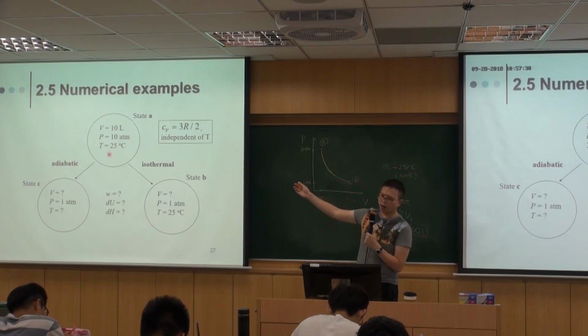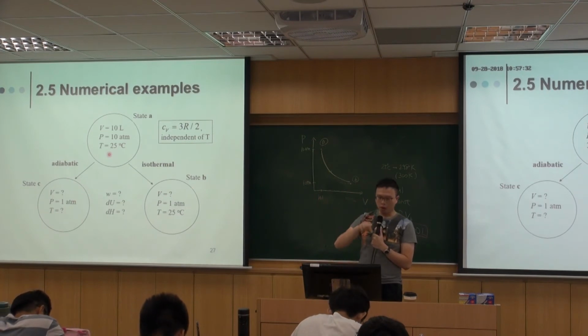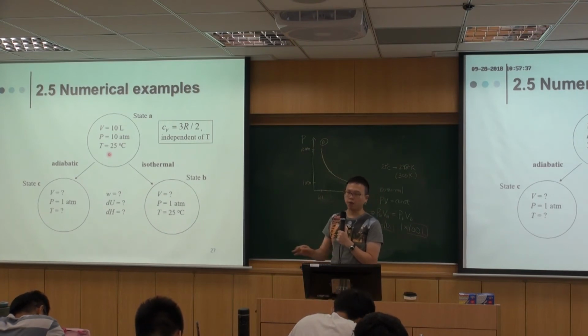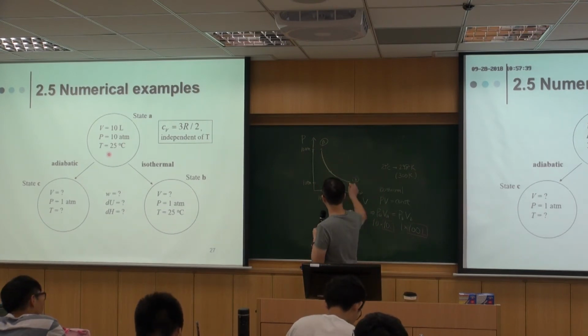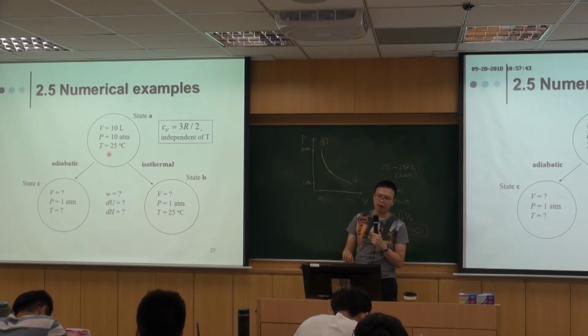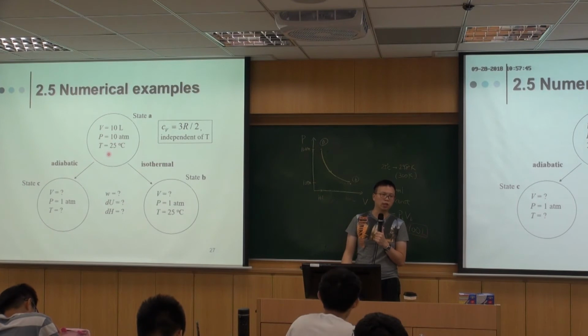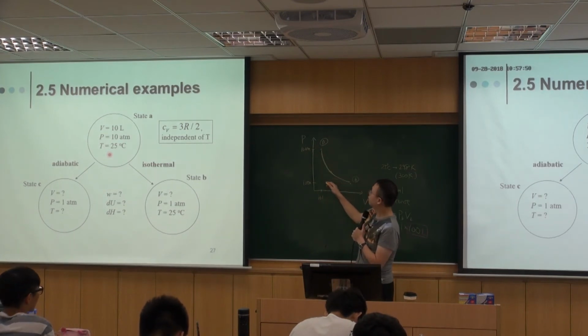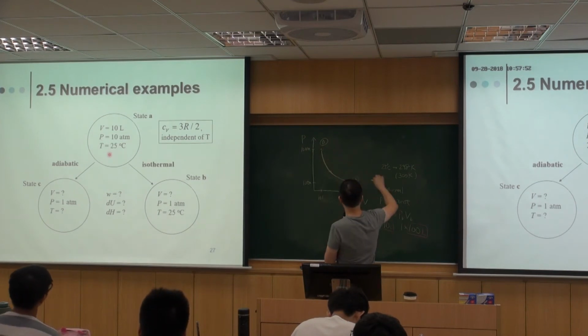And the other one, the adiabatic process, we know that the final state is also having the same pressure, which is somewhere here on this line. And previously, I already showed you that for adiabatic process, typically the line is below the isothermal process. So it's not going to be over here, right?